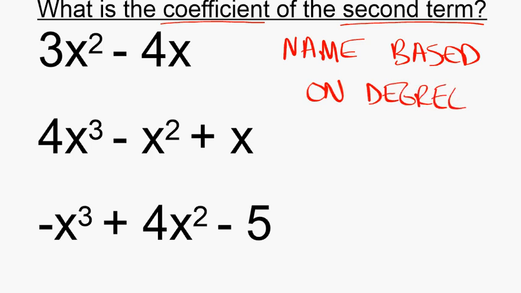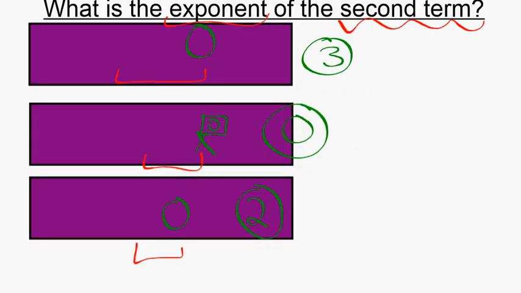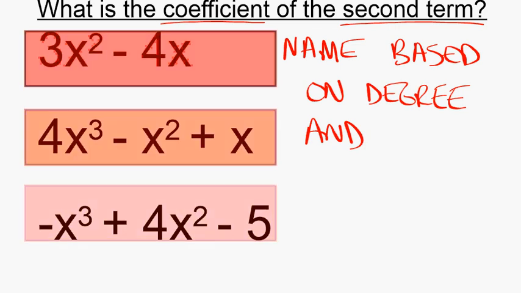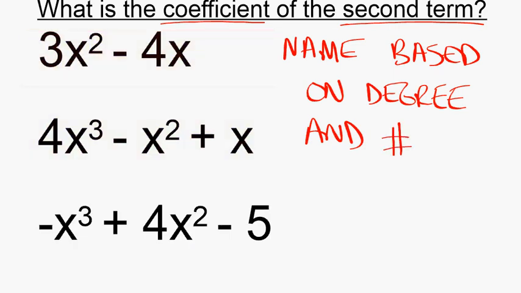So go ahead and pause the video and do this for not just the problems in this page, but the next page and the next and the next, all of these examples. Name based on the degree and the number of terms. All right, so pause the video and do those problems on your own, and then resume when you have them answered, and I'll go through the answers for you.